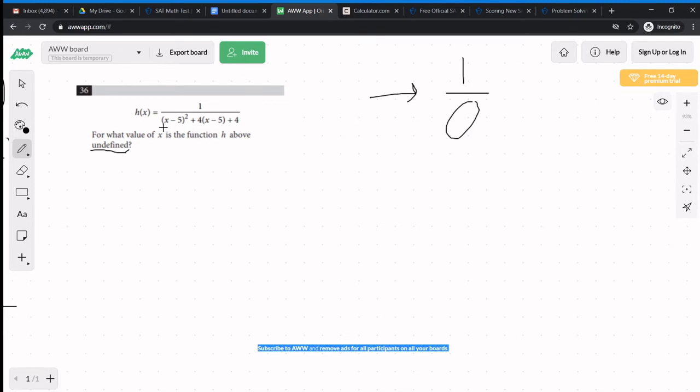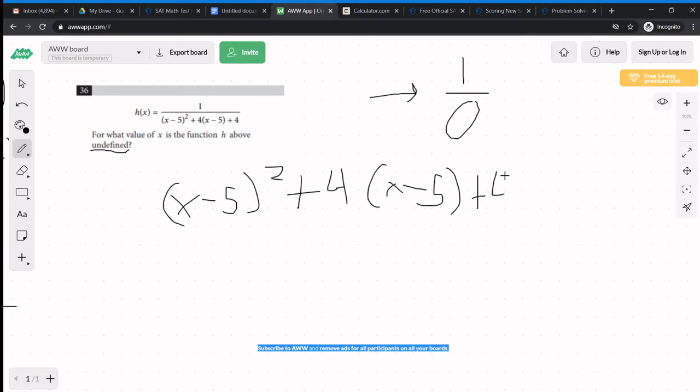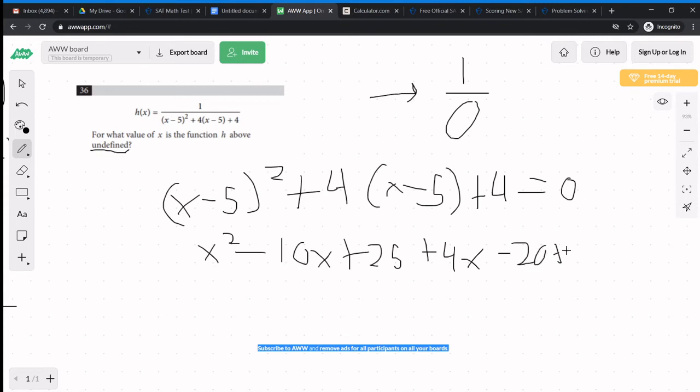So you're looking for how you can make this denominator 0. X minus 5 squared plus 4 times x minus 5 plus 4 equals 0. And now we will simplify everything. X squared minus 10x plus 25 plus 4x minus 20 plus 4 equals 0.